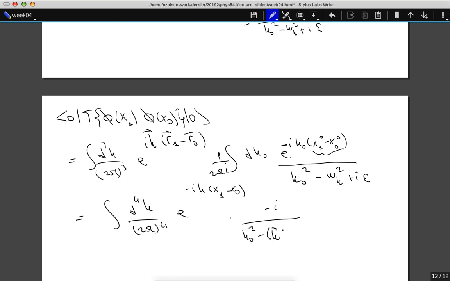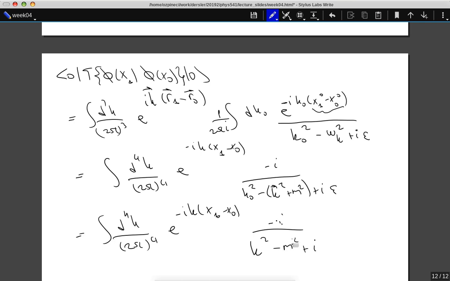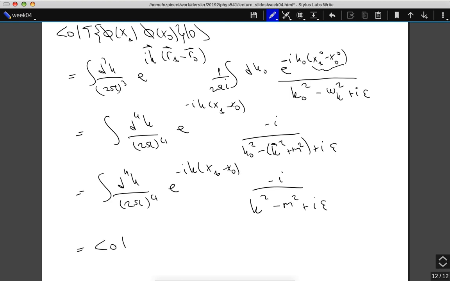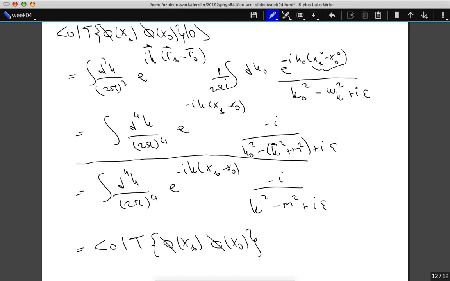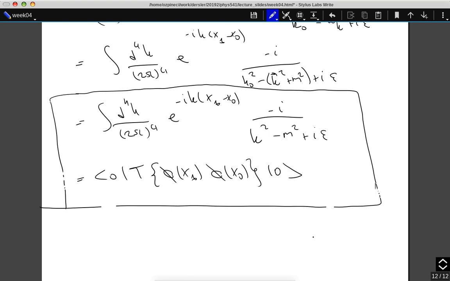Remember, it was just k vector squared plus m squared plus i epsilon, or this is equal to d4k divided by 2 pi to the 4, e to the power minus i k (x1 minus x0), minus i divided by k squared minus m squared plus i epsilon. This is the so-called propagator.